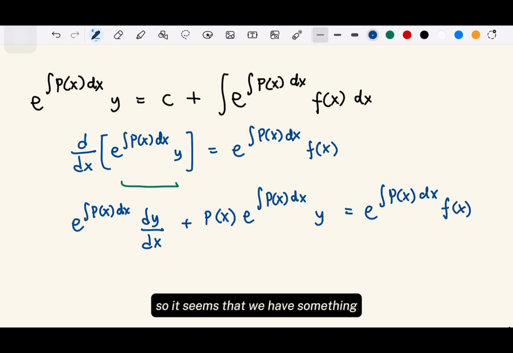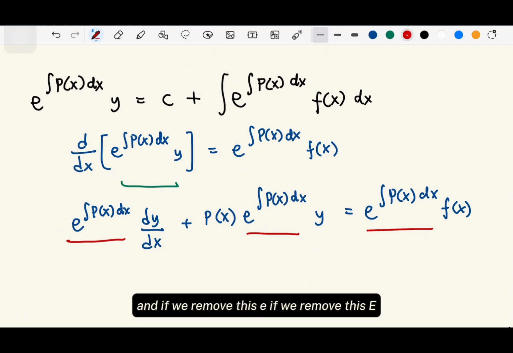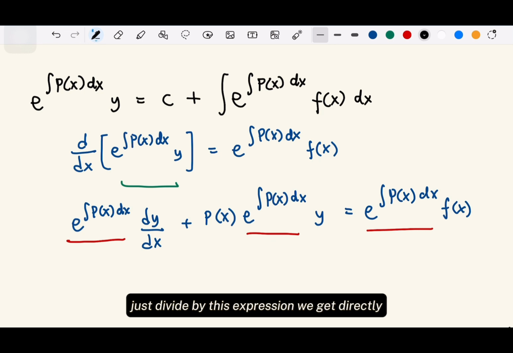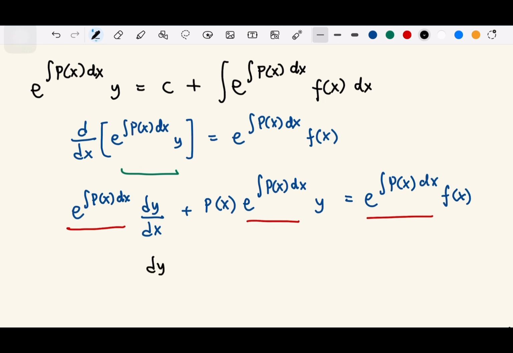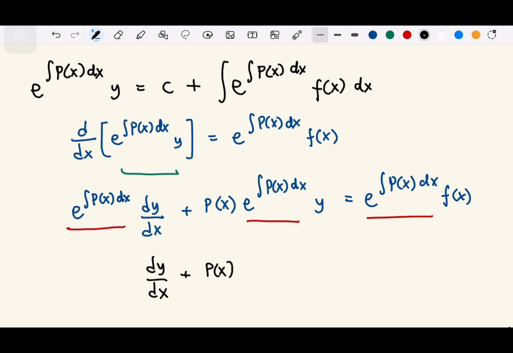So it seems that we have something for all the expressions within this equation. We have this e. And if we remove this e, just divide by this expression, we get directly the same expression as we did from our original expression, right?